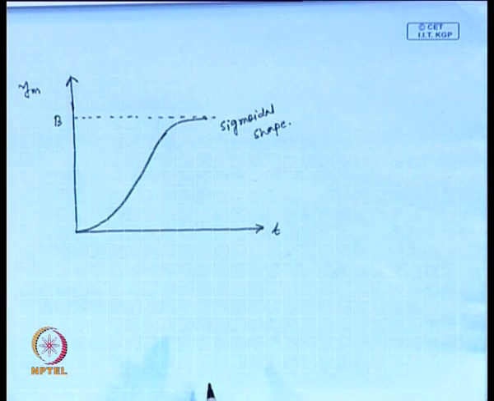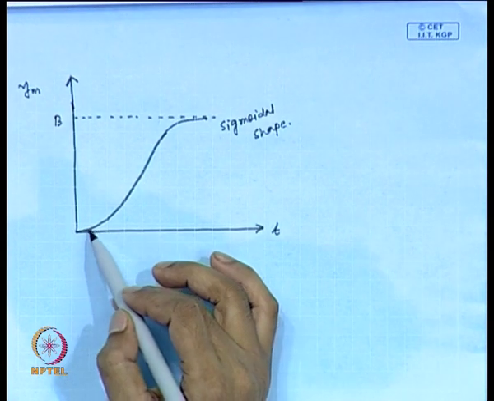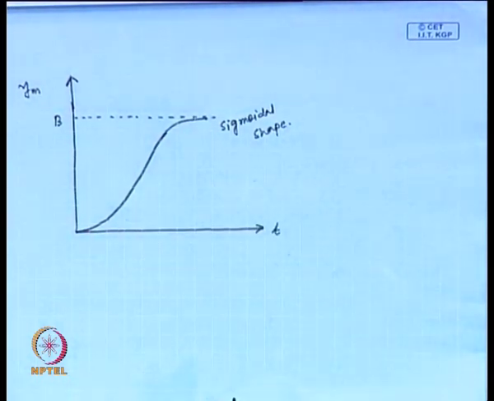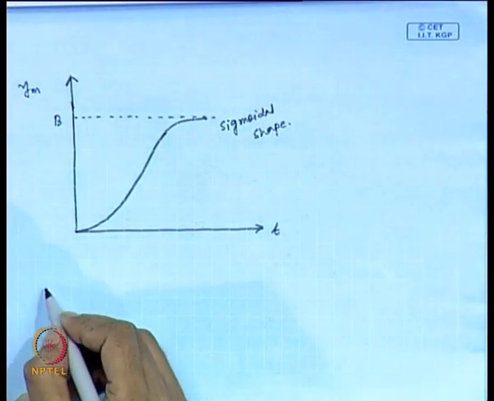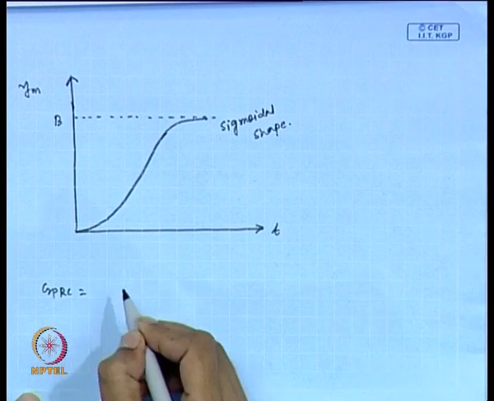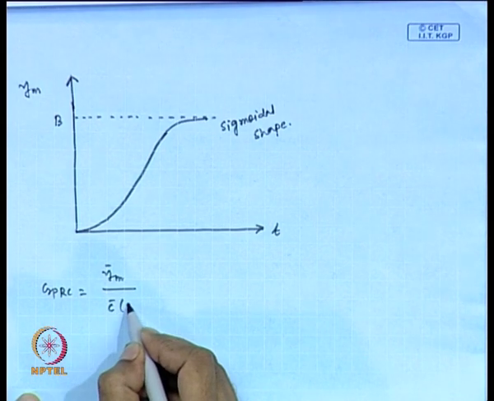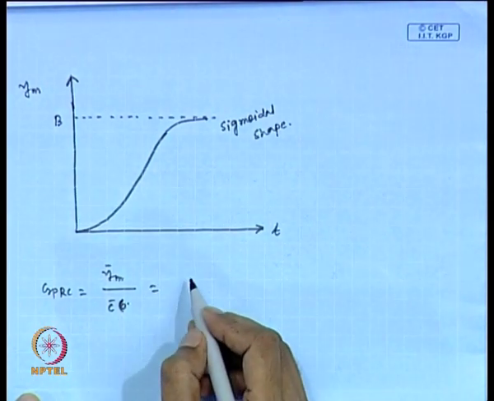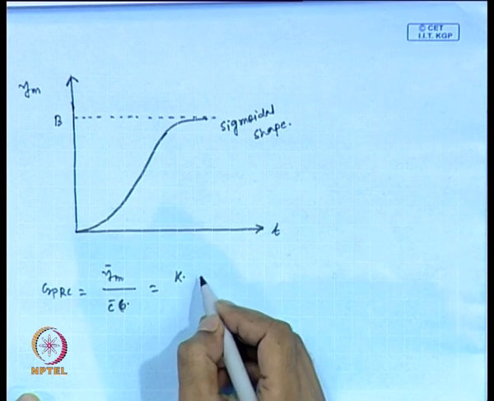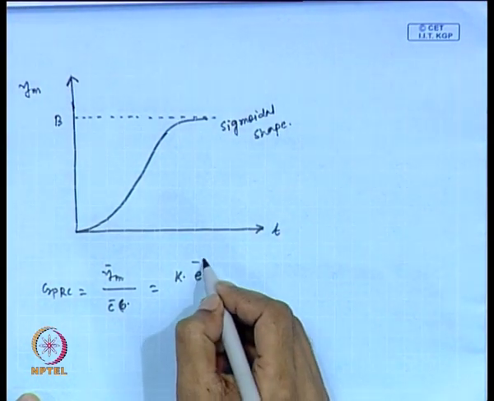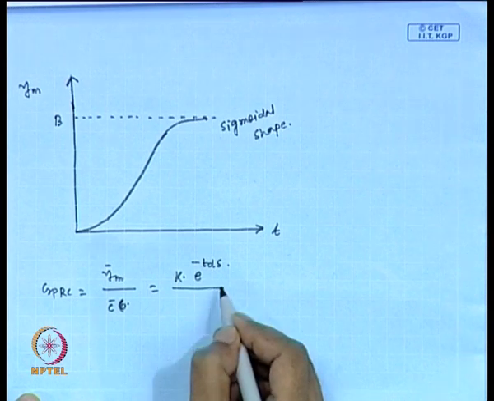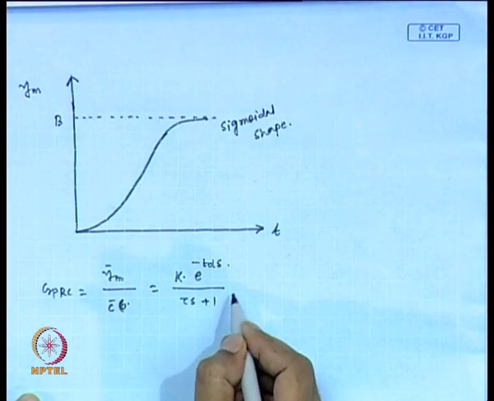Now, this response can be approximated by first order plus dead time. This is basically the response of a first order plus dead time. Fine. So, we can write the first order plus dead time as K exponential minus TdS divided by tau s plus 1.